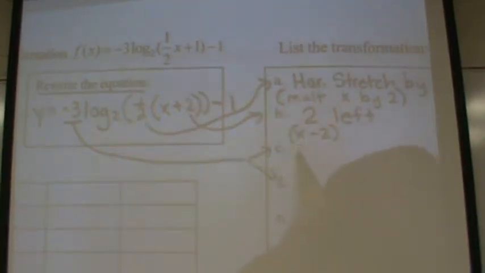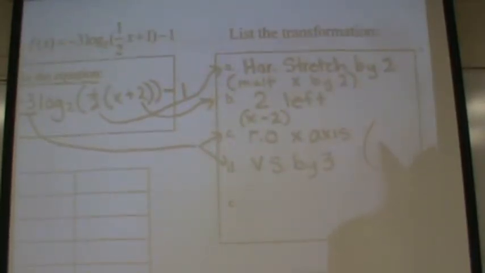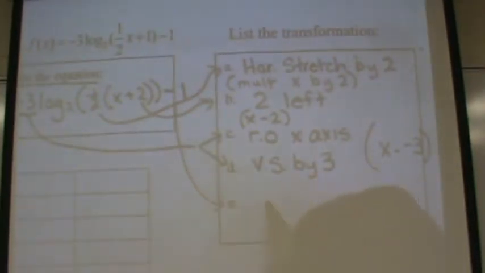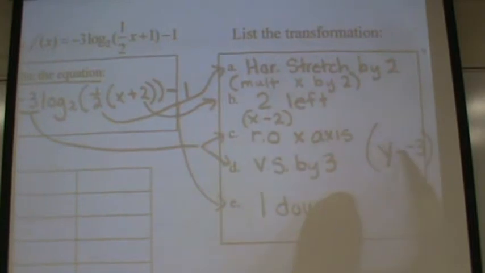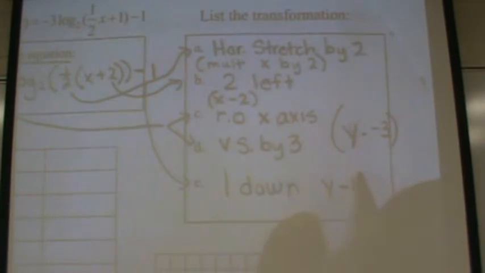The first thing we say is a reflection over the x-axis, and it's a vertical stretch by 3. How do you do C and D in one shot? You multiply the y values by -3. And the last thing, 1 unit down: you take your y values and subtract 1.